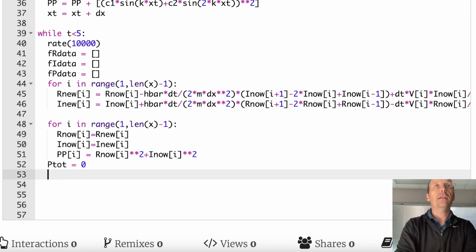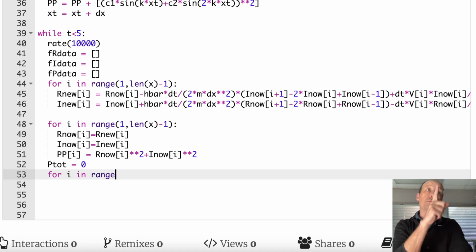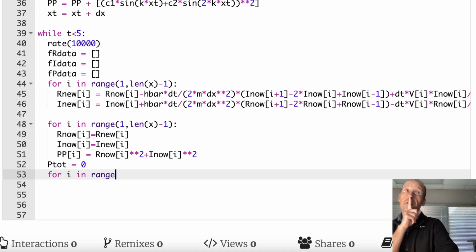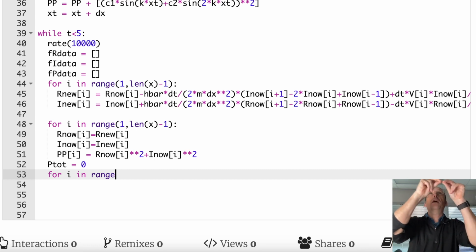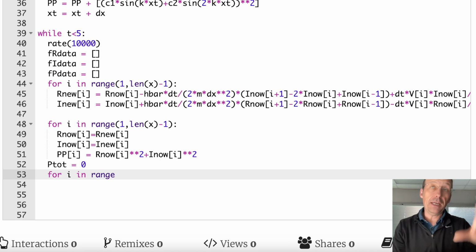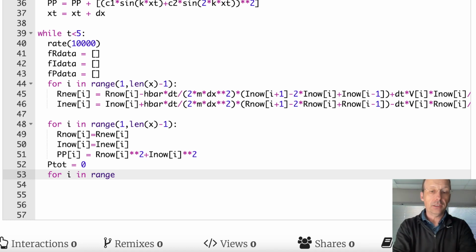And now I'm going to integrate. So I can do that for i in range. I'm going to start from 0 to the last one. Because if you think about integrating, I'm taking the height times delta x, but I'm going to have one less of those than I have x's. So range of length of x minus 1.